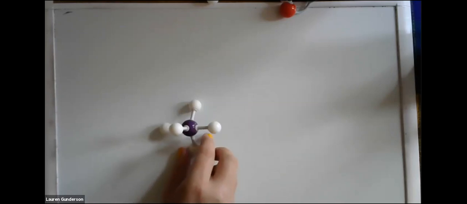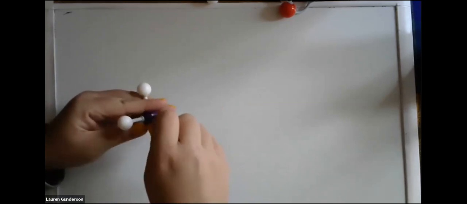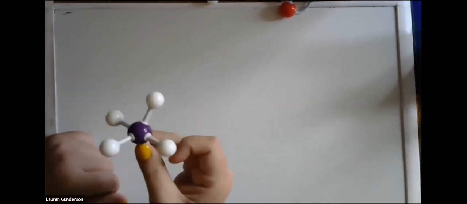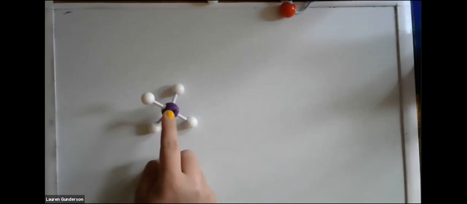Okay, now I just want to run through these again in person. So we start with our trigonal bipyramidal shape, and now we're going to remove one of our bonding pairs, and we're going to assume that this space here is taken up by a lone pair.